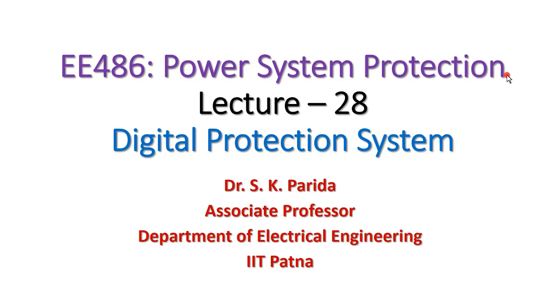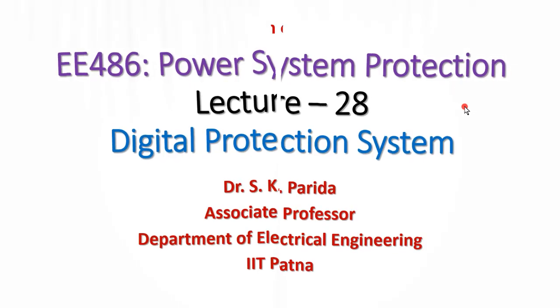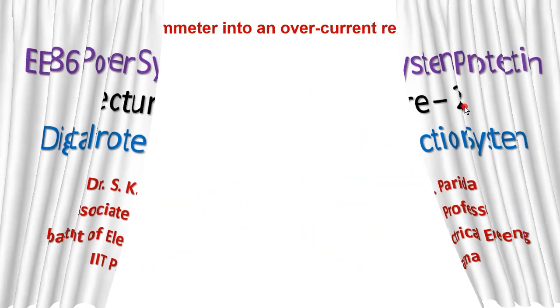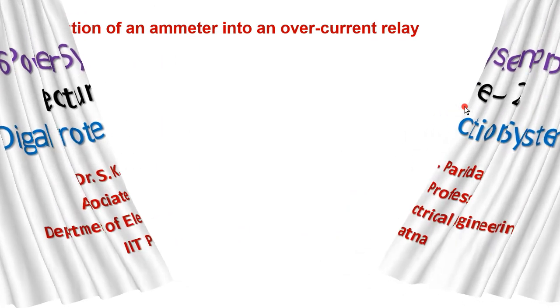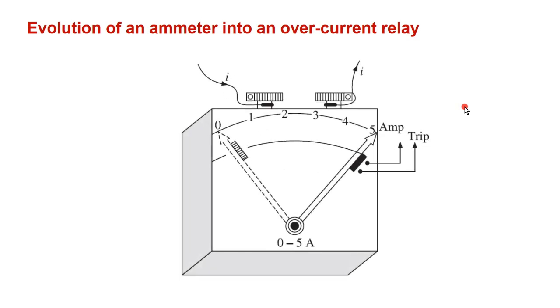So, let us start. Here we can see an overview of the evolution of an ammeter, and how an ammeter gradually evolved into an overcurrent relay, because we know the principle of analog ammeters.